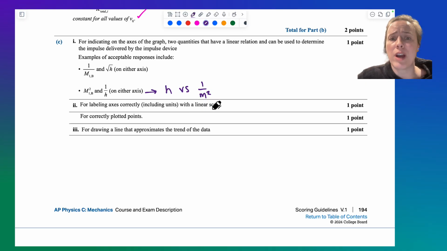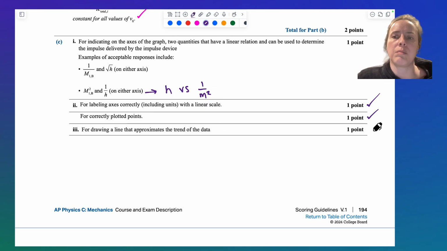Labeling your axes correctly with units is a point, so make sure you label those. For plotting your points correctly, check. Even if you just plot the straight up data, you would get this point, because you plotted your points right for what you had. You didn't have the correct axes, but still graph the points, even if you don't know how to linearize it.